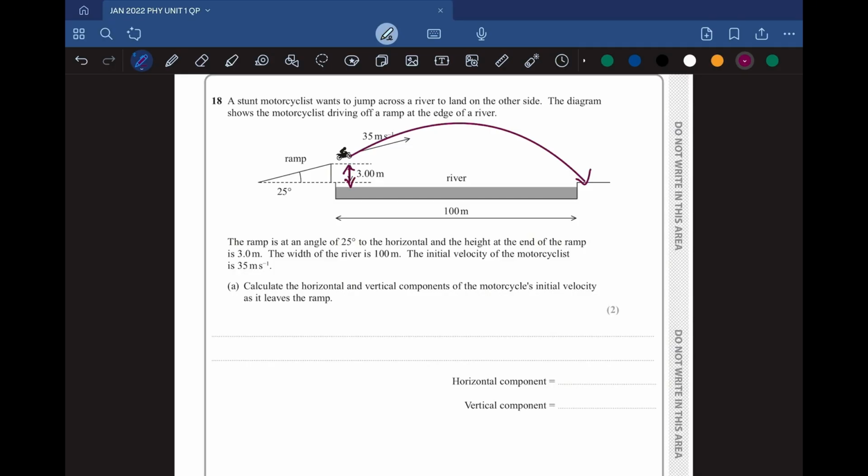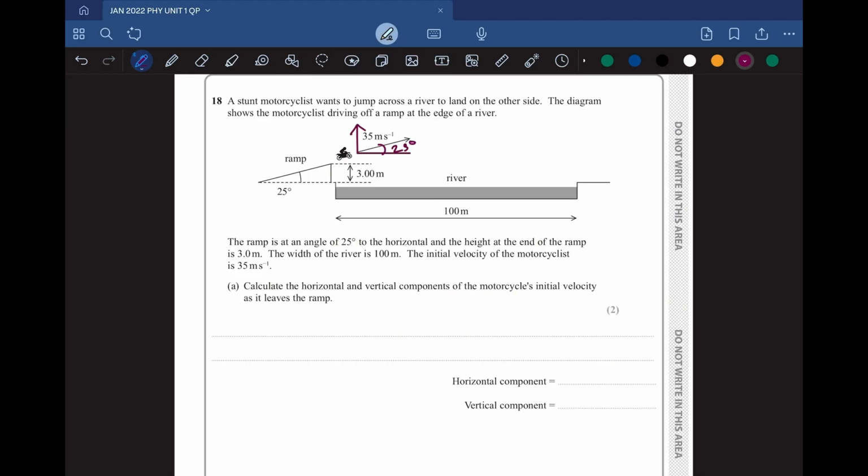The initial velocity of the motorcyclist is 35 meters per second. Calculate the horizontal and vertical components of the motorcycle's initial velocity as it leaves the ramp. So basically we know this is 25 degrees, and this is the vertical component, this is the horizontal component.